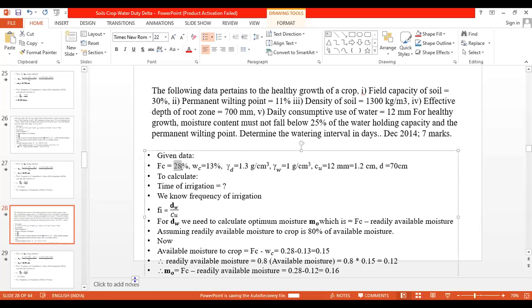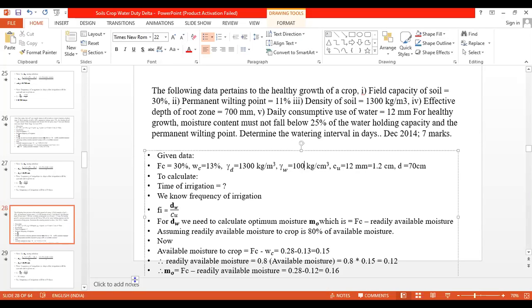Then the density of the soil is given as 1300 kg per meter cube, instead of 1.3, they have given 1300 kg per meter cube. So the density of the water, in the same units, kg per meter cube, will be 1000, isn't it?